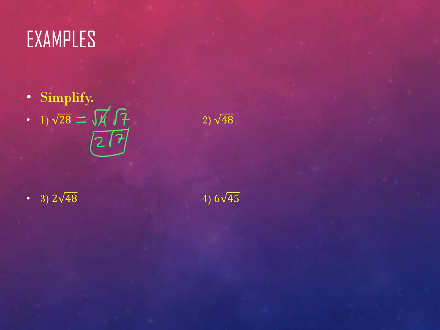Something like 48, a lot of people, when they pick perfect squares, maybe the most obvious perfect square is going to be 4. So maybe you do square root of 4 and the square root of 12. And the square root of 4 is going to get you 2, so I get 2 square root of 12. But don't get tempted to stop here just because you picked one perfect square.